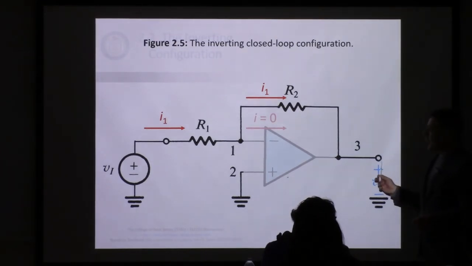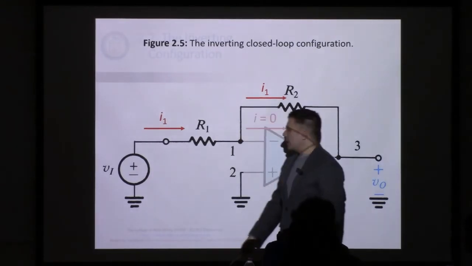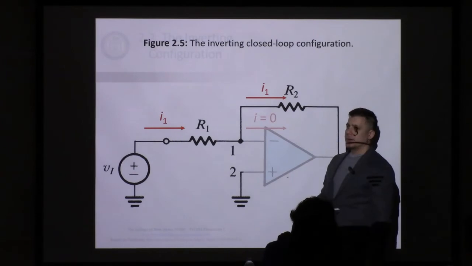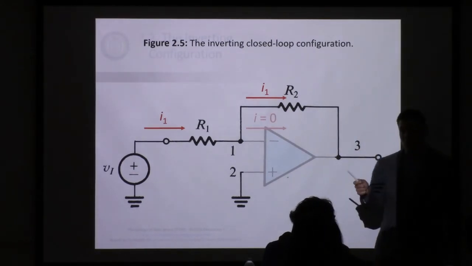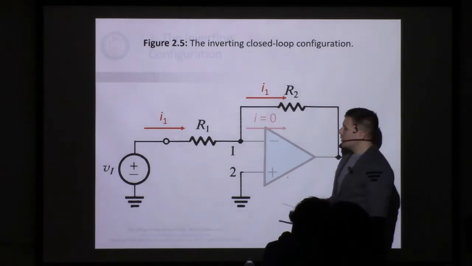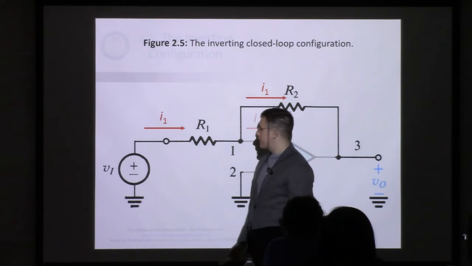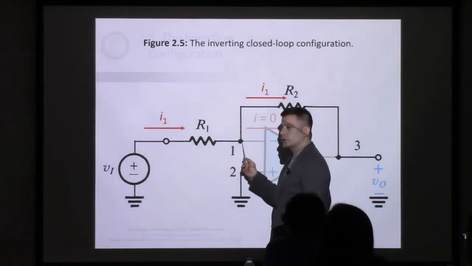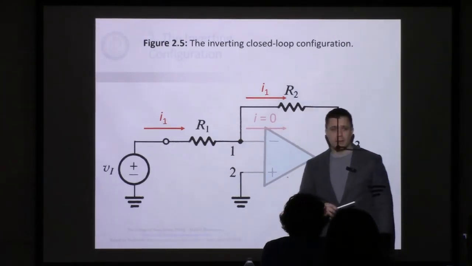We know that V out will be equal to V in minus R1 plus R2 times this current I1. There's another equation that we know. We also know that I1 will be equal to V in minus 0 over R1 because of that virtual short right there. So we have two different equations.